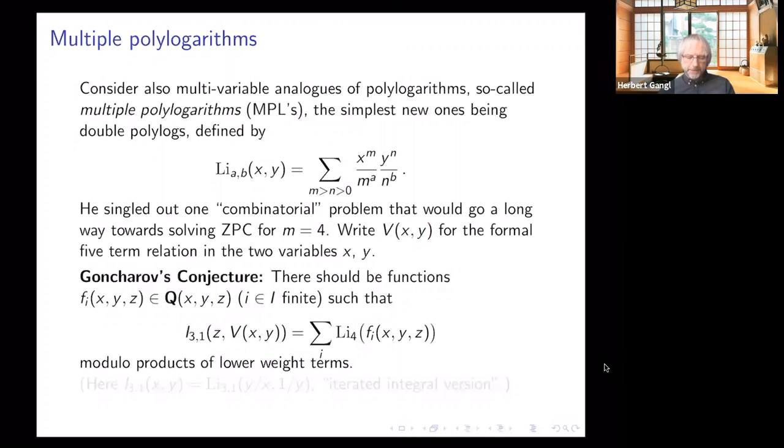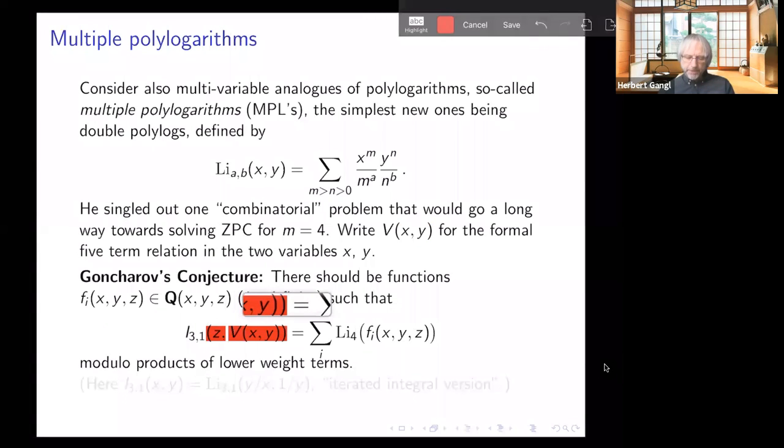So I31 is essentially a version of Li31. You plug those 5 terms in individually and take the sum of those 5 terms, shorthand I31 of: fix one variable, but let the other variable go through the sum of 5 terms. So essentially plugging in the dilogarithm relation here.